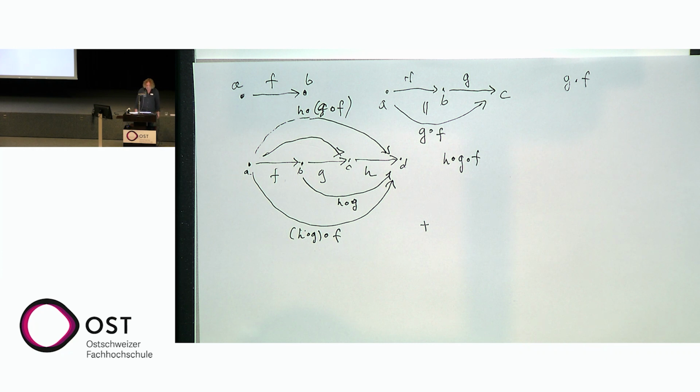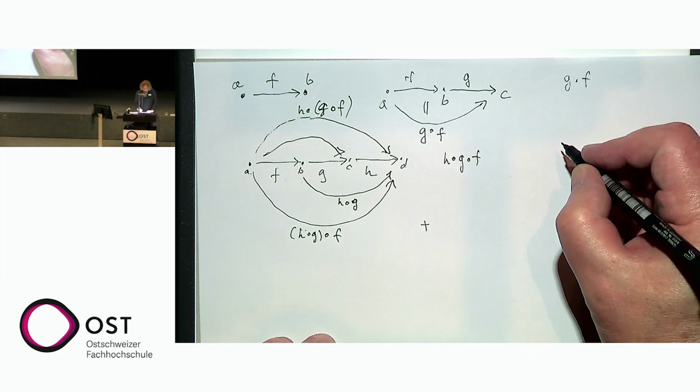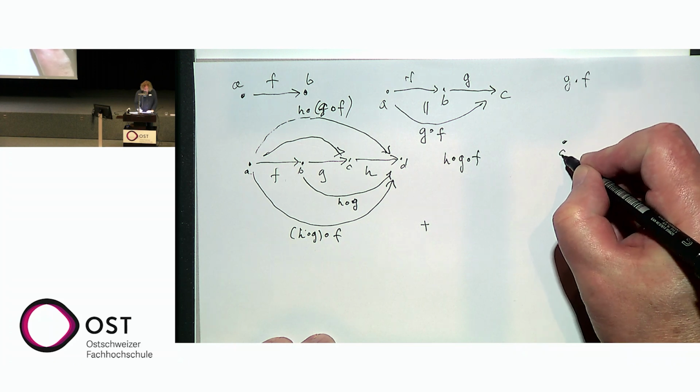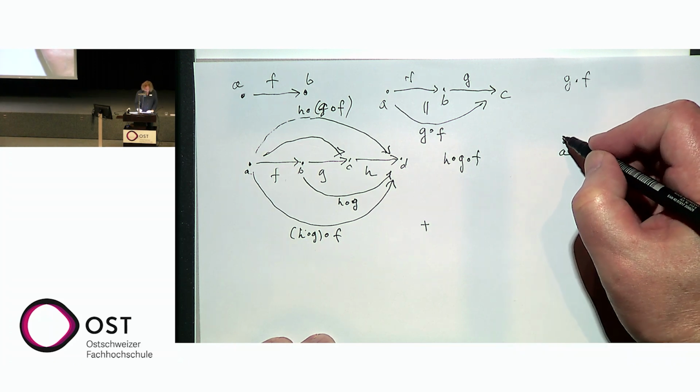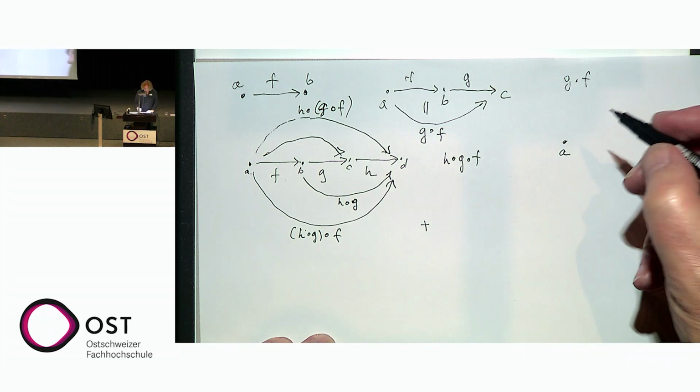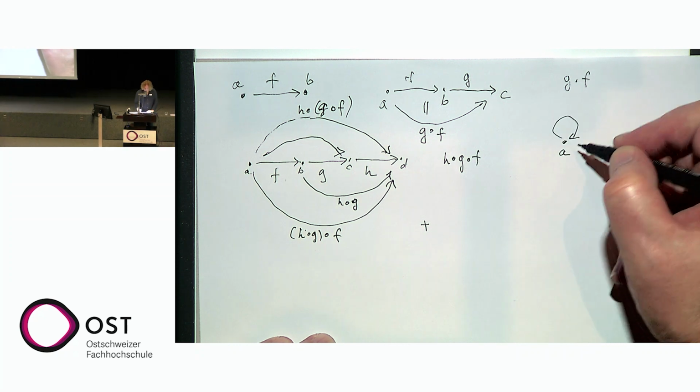The other thing that's important, and this is something that in Haskell is implemented as a major part of the library. In some other languages, it's not that obvious how to define an identity function, right? So identity function is an arrow that goes from an arbitrary object A back to itself, okay?